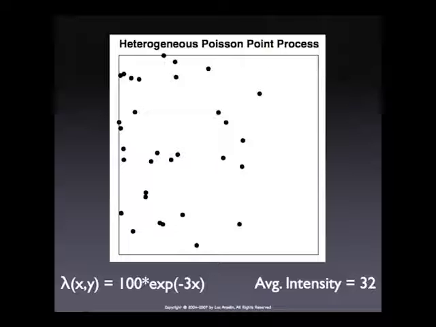But it's not affected by where we are vertically. So you see vertically, it's more or less the same, but as we move over here, it gets thinner and thinner, and because it gets thinner, it gets this impression of these clusters of points, of a cluster. So this is again using heterogeneity to get at a pattern that is more clustered than it would be random. And this one has an average intensity of 32.